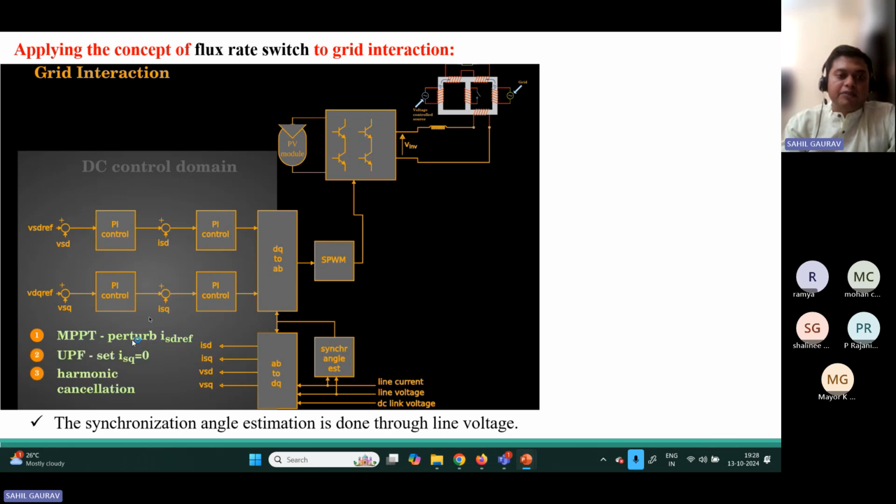You can enable MPPT, perturb the ISD reference, from where you can inject current and power based on MPPT, and you can set unity power factor by setting ISQ equal to 0. You can also apply a harmonic cancellation method to this control. Synchronization angle estimation is done through the line voltage, and this we have seen using the phase lock loop.